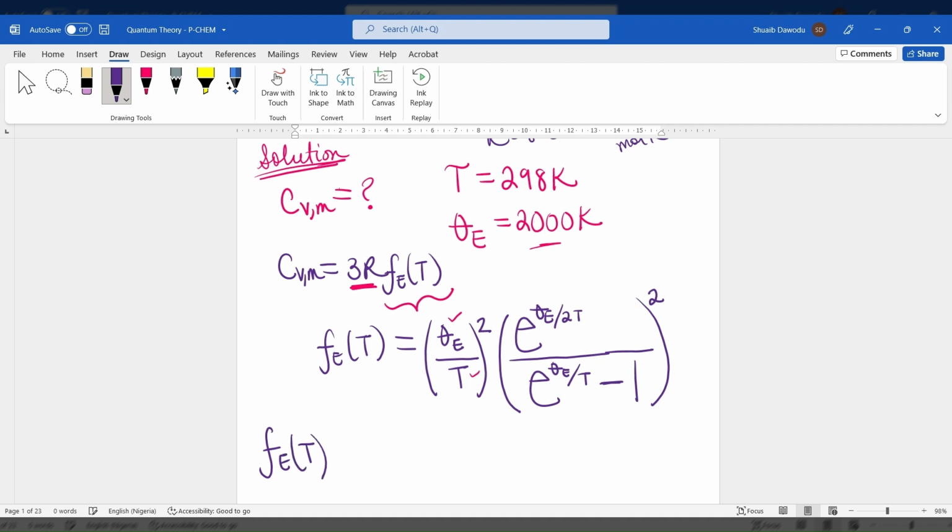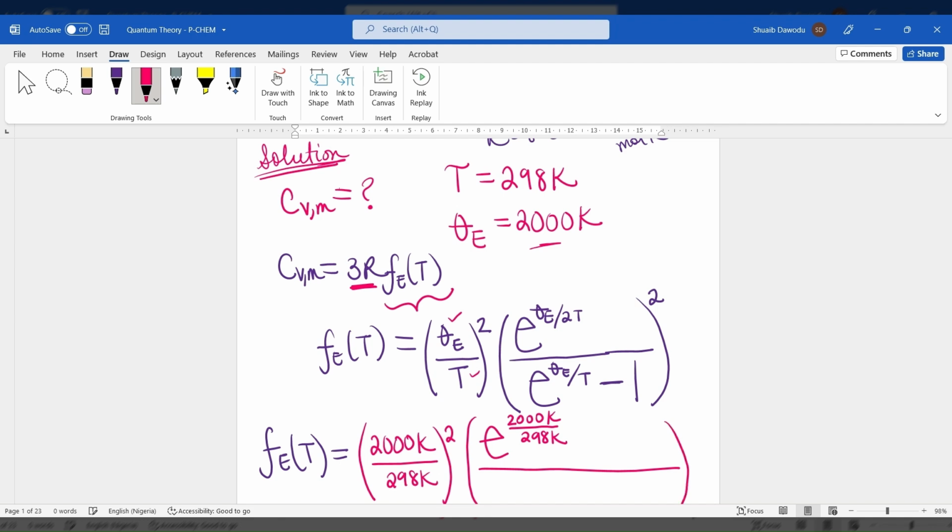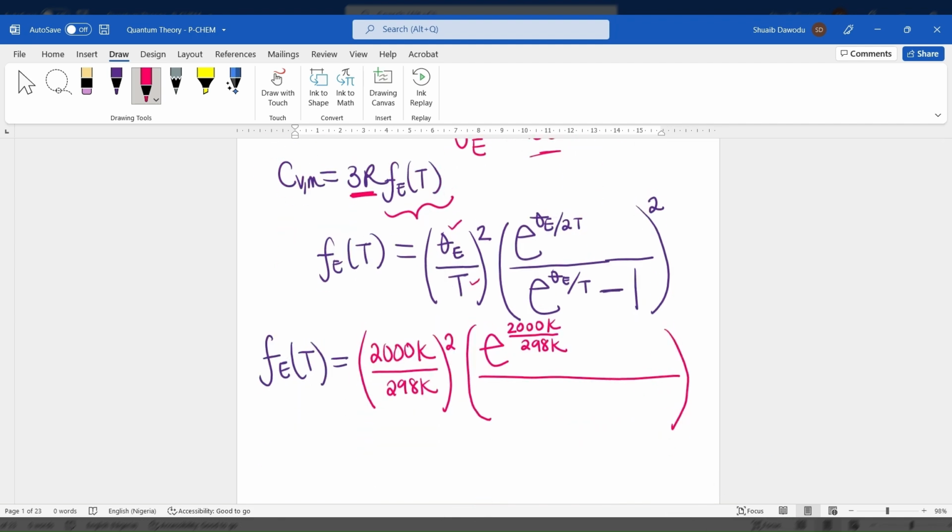So f sub E of T: when we substitute theta sub E, that is simply 2000 Kelvin divided by 298 Kelvin, all squared, multiplied by e to the theta sub E, so e to the 2000 Kelvin divided by 298 Kelvin, divided by, oh sorry, I apologize, it is not divided by T, it's divided by 2T.